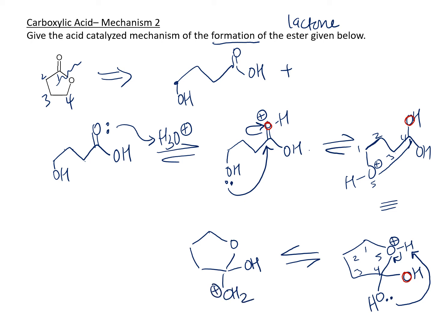Now I need to form the carbonyl, and remember, here is my oxygen with the carbonyl. Coming back to that, to get rid of the water, that's what we need to do. I'm going to run out of space because I write so big. And so now we have this, and water is gone, so minus H2O.